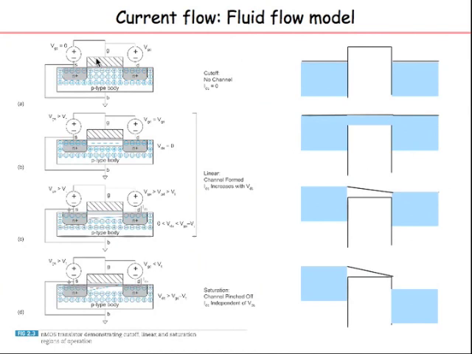The important thing is that the gate potential modulates the number of carriers you have in the channel. More carriers means more conductivity; fewer carriers means less conductivity. So in some sense, you have created a device where you can control the conductivity through a third terminal, the gate.